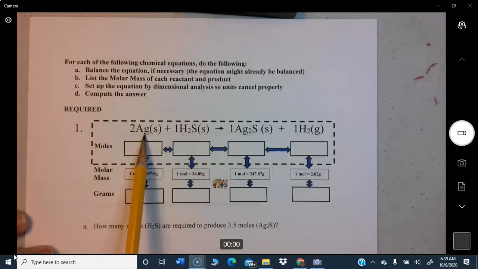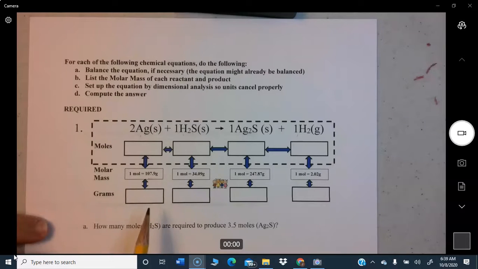For example, silver, you get this number straight off the periodic table. 1 mole of silver equals 107.9 grams. And so that gives us a translation between grams in our world and moles in the chemical world. You can also come back out in the other direction here.